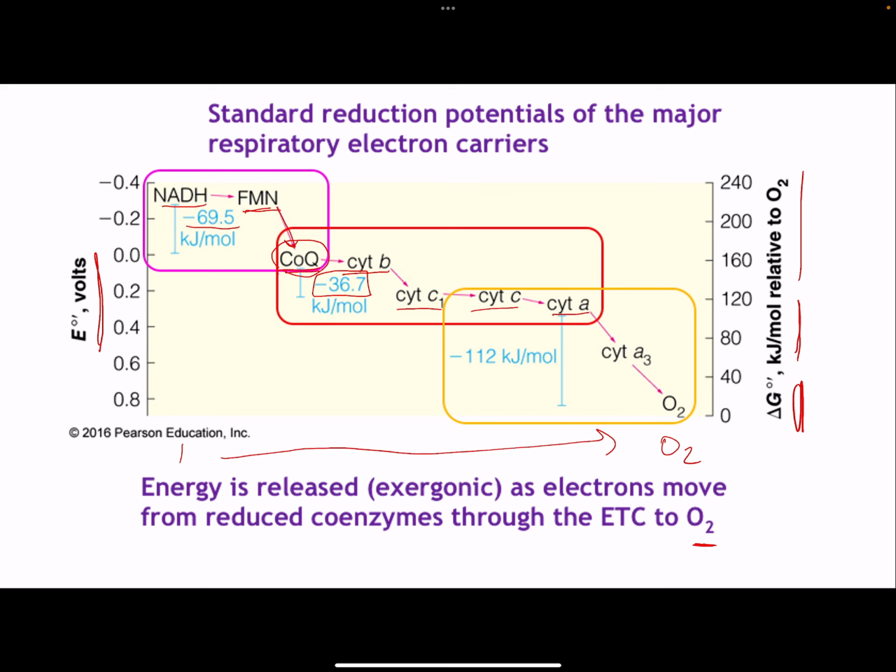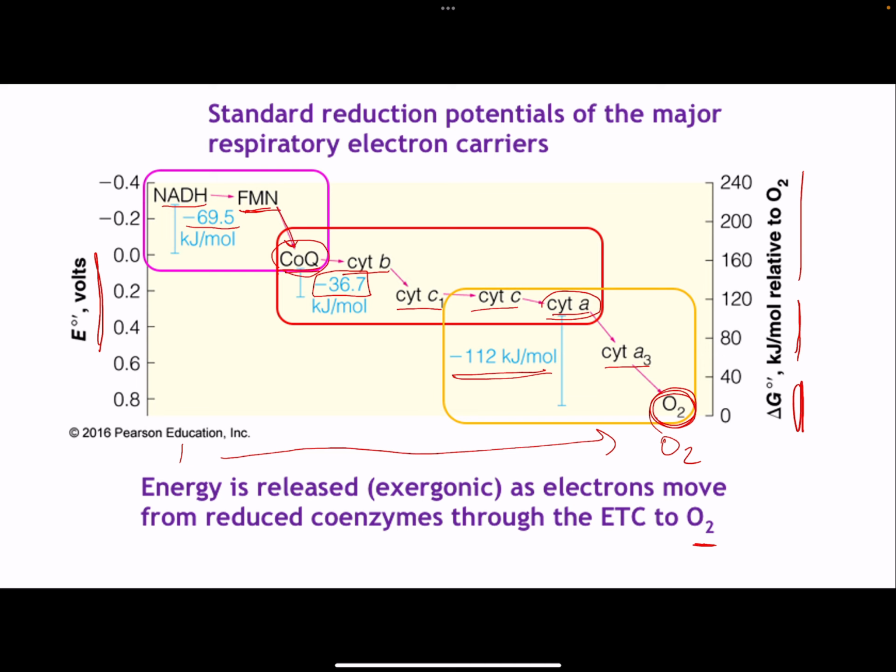So again, just keep in mind, these are all just different electron carrying compounds that are embedded in the ETC. So as we move now from cytochrome A to cytochrome A3 to finally our oxygen, which is the final electron carrier, we get a pretty large decrease in our delta G, which is negative 112 kilojoules per mole.